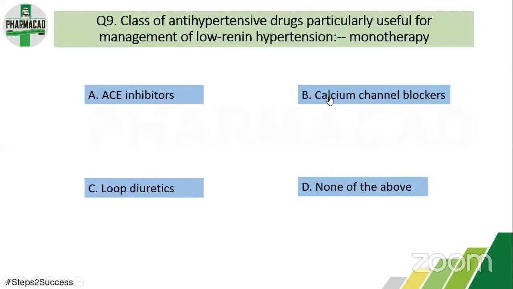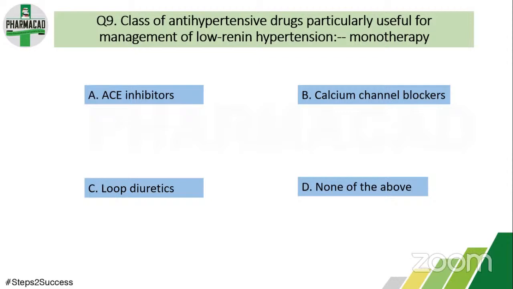Okay, coming on to the next question: the class of antihypertensive which is useful in the management of low-renin hypertension and can be given as a monotherapy. Firstly, to discuss what is low-renin hypertension.